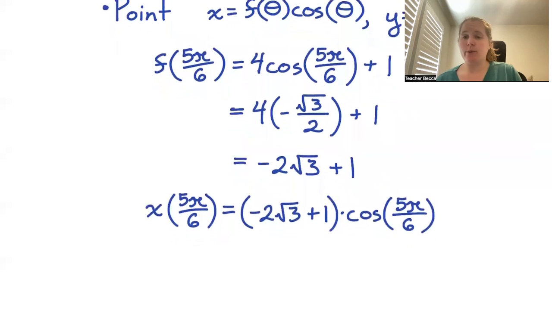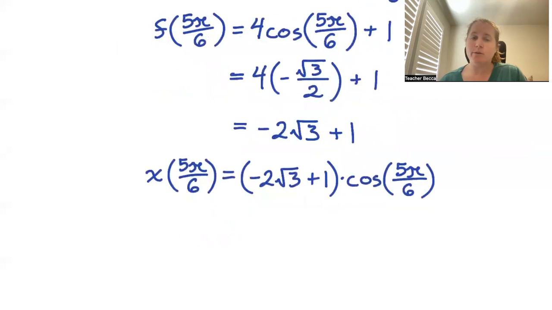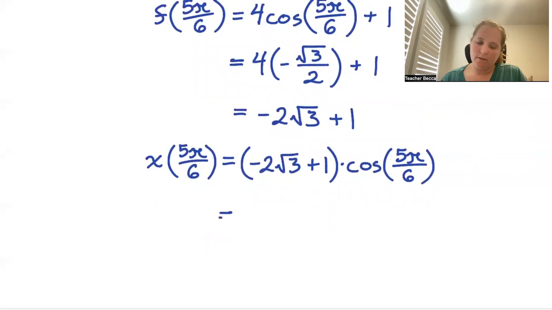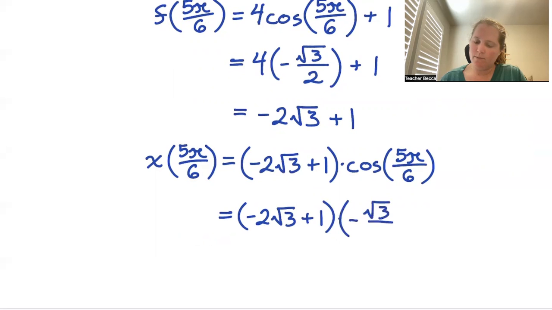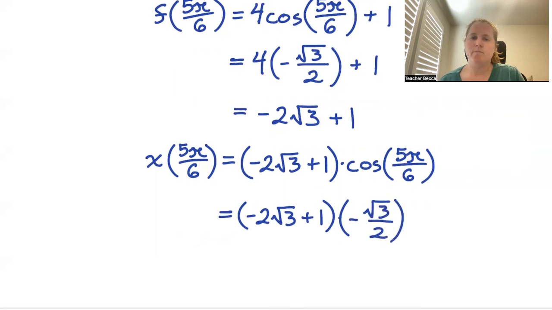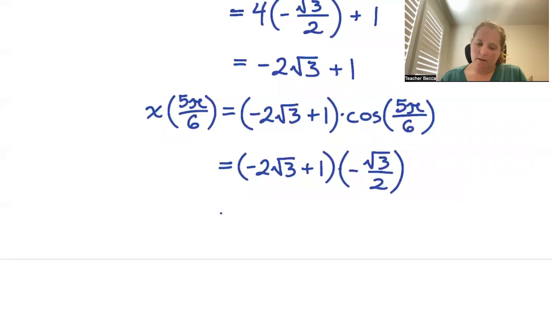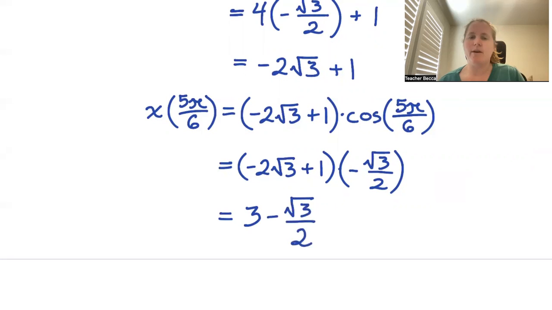Again, cosine of 5 pi over 6 is negative root 3 over 2. So we are looking at negative 2 root 3 plus 1 times a negative root 3 over 2. Negative 2 root 3 times a negative root 3 over 2 becomes root 3 squared, or just 3. And then we are subtracting root 3 over 2. So this is our x coordinate.